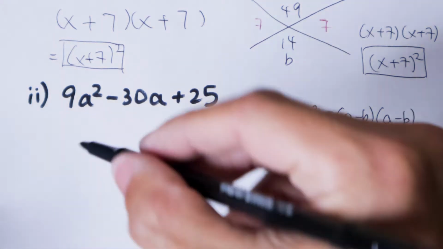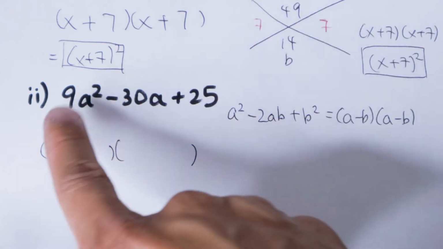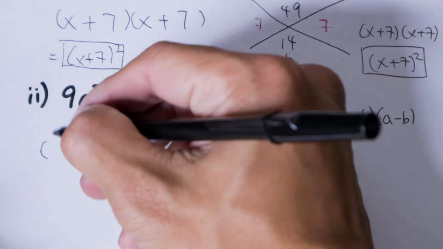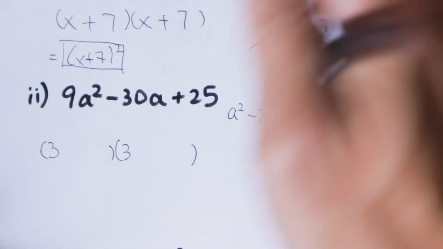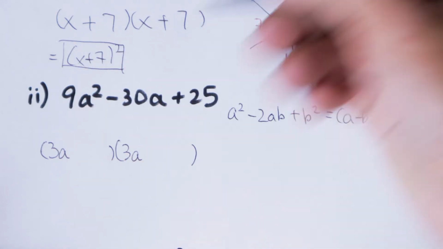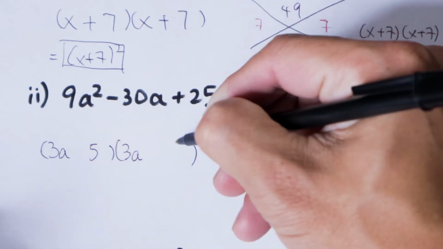Well, let's check. If I were to see the number 9, to find the two numbers that multiply to get 9, and hopefully they're the same number, then it's going to be 3 times 3. And since there's two a's, you're going to split each into each parentheses. Okay? Likewise, for 25, you're going to find two numbers that multiply to get 25, which is going to be 5 and 5.